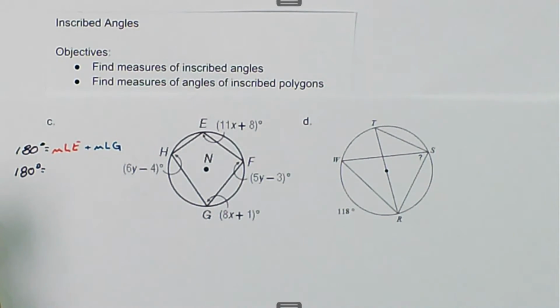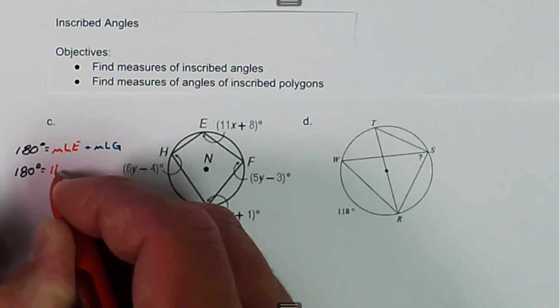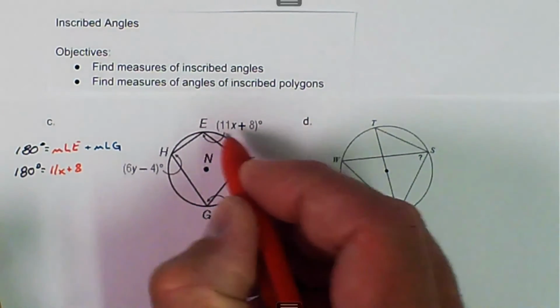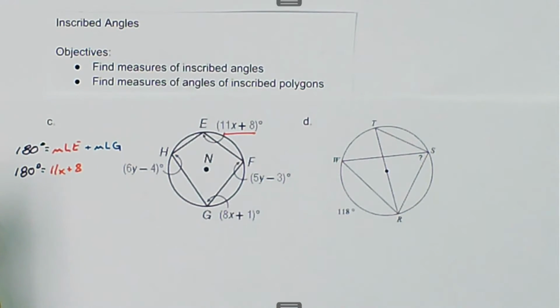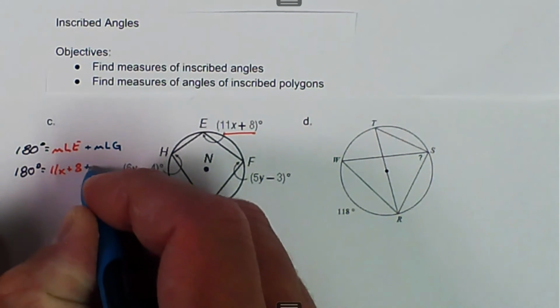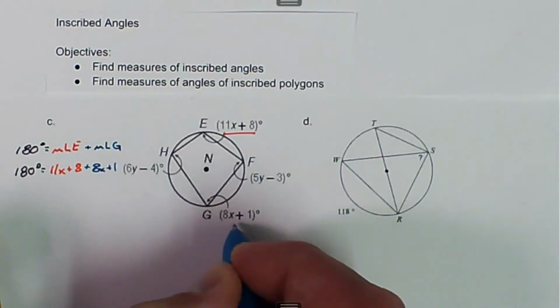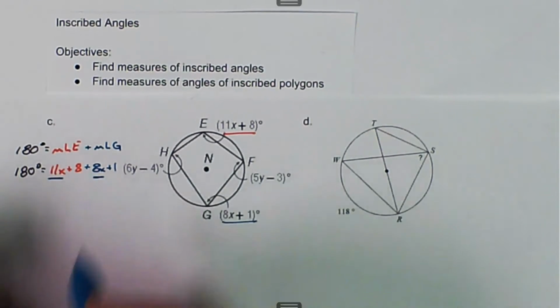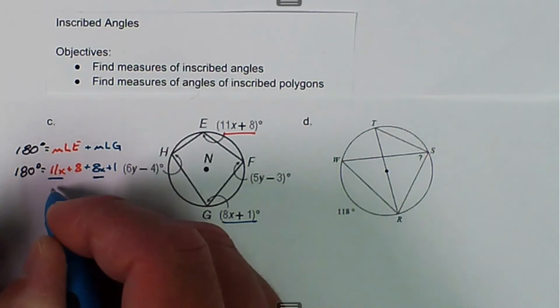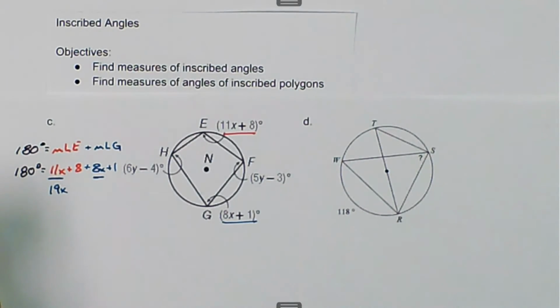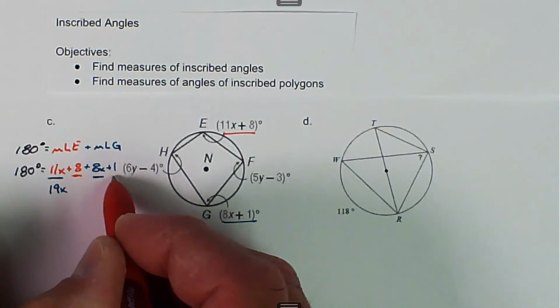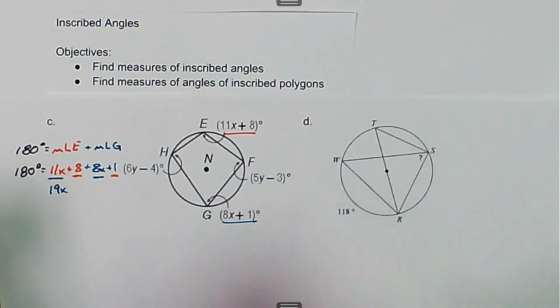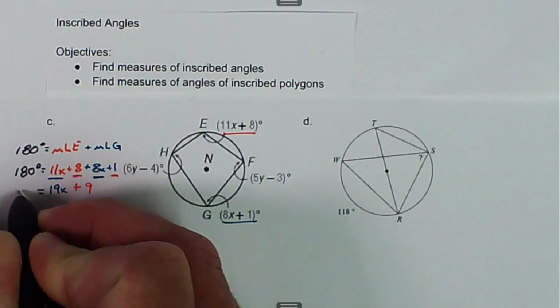The measure of angle E is 11x plus 8, right there, and the measure of angle G is 8x plus 1, right here. We can combine like terms. 11x and 8x becomes 19x, and 8 plus 1 becomes 9, and that is still equal to 180 degrees.